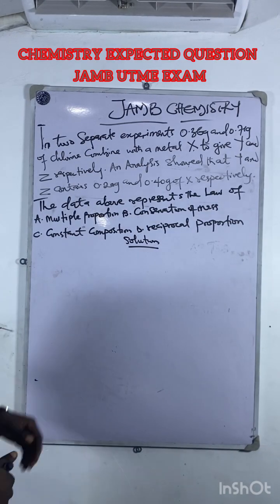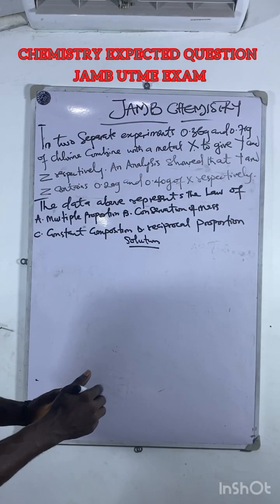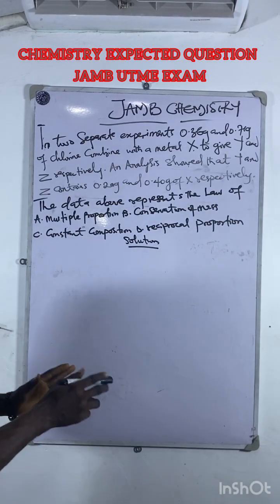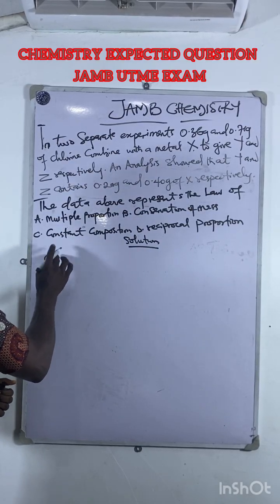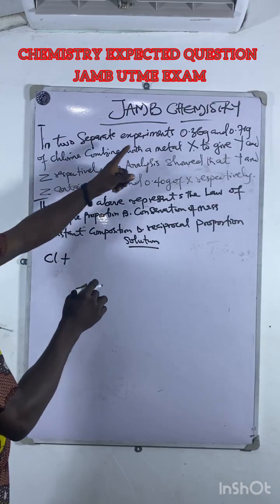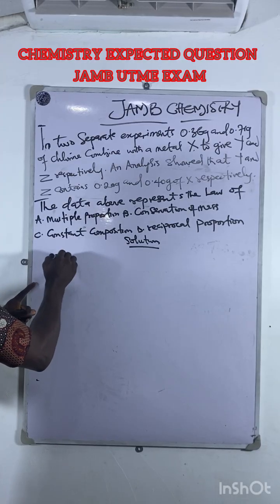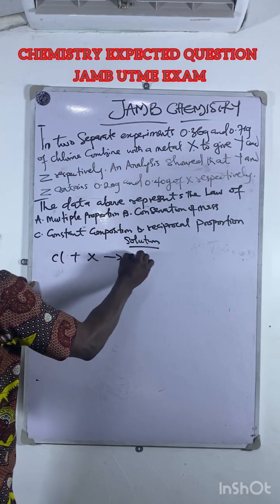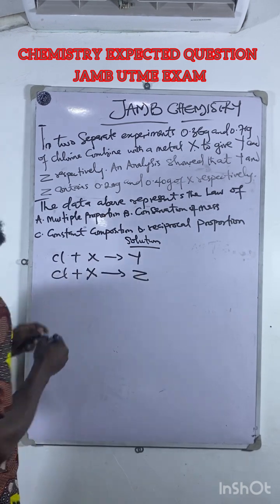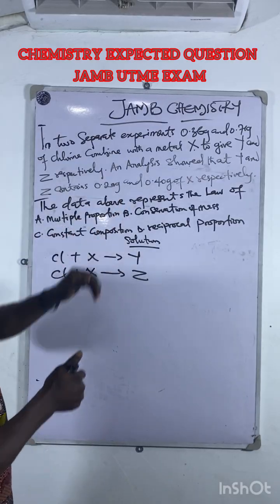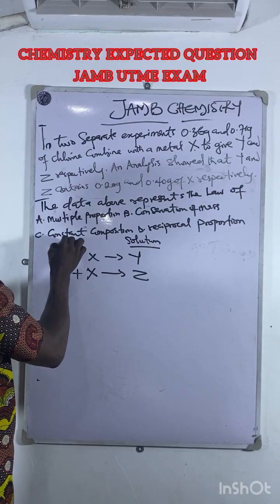The question says, in two experiments, 0.36 gram and 0.71 gram of chlorine combine with a metal X to give Y and Z, respectively. So chlorine, Cl, combined with X gives Y, then chlorine combined with X gives Z. The mass of chlorine in the first one is 0.36 gram.